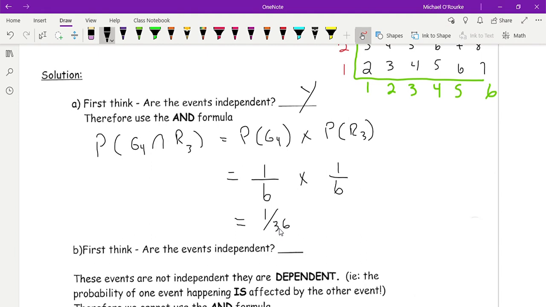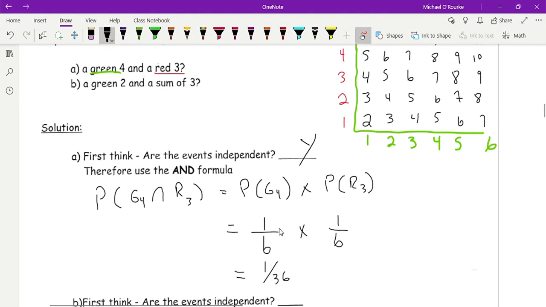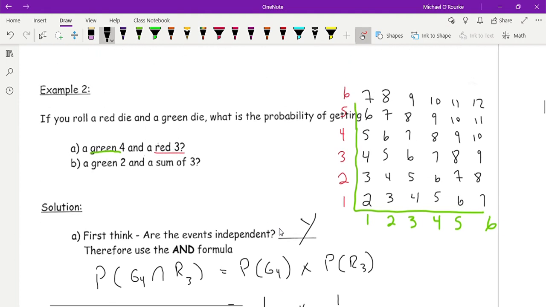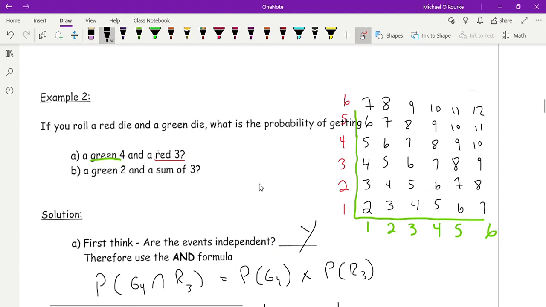So what does that mean? There's 1 out of 36 chances that when I roll those 2 dice, I'm going to get a green 4 and a red 3. So only one time. And if you look at the chart, it makes sense, because it's 36.